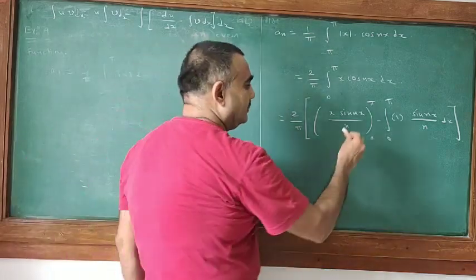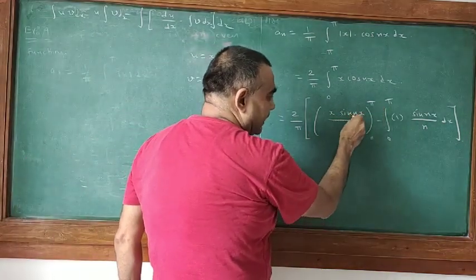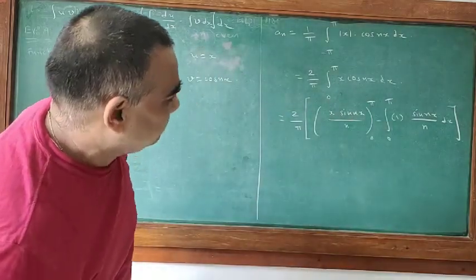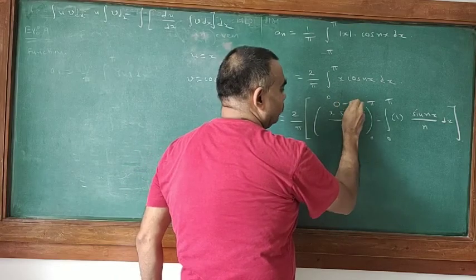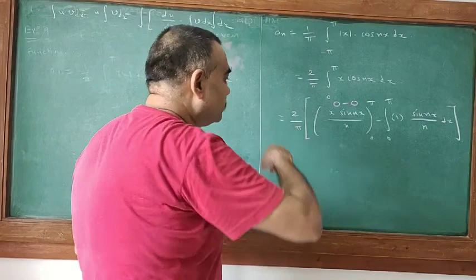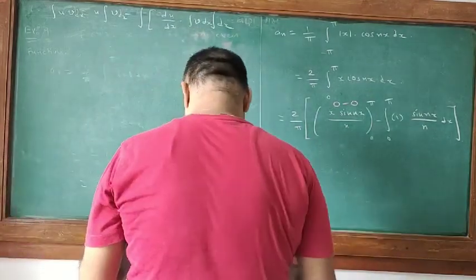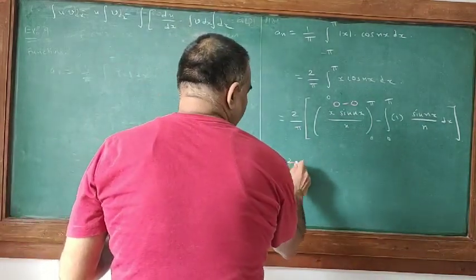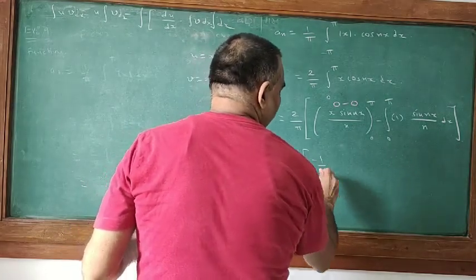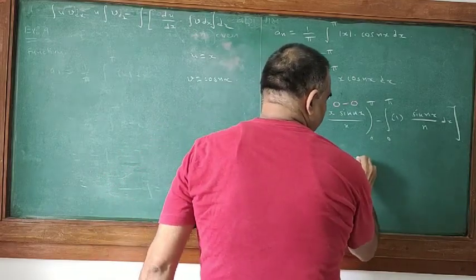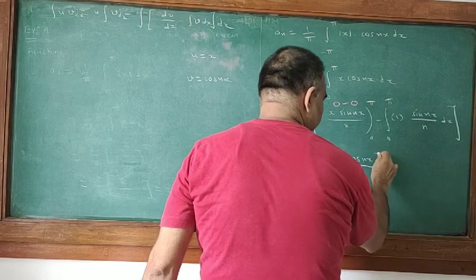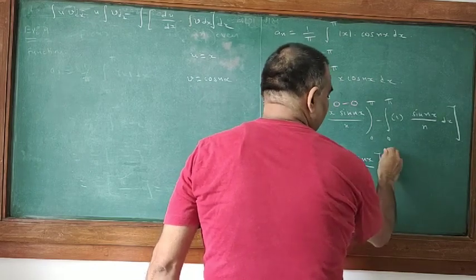Now if we put pi, sin n pi is 0 and sin 0 is 0, and so the value of this first bracket will not be in any calculation for future calculation. So this is equal to 2 upon pi, minus 1 upon n, cos nx upon n from 0 to pi.